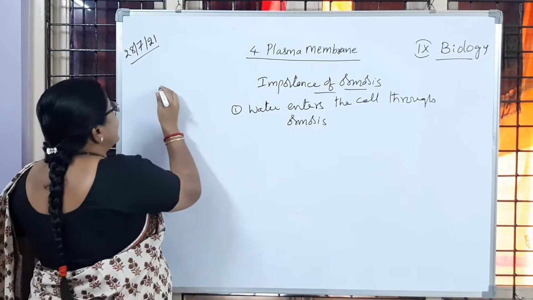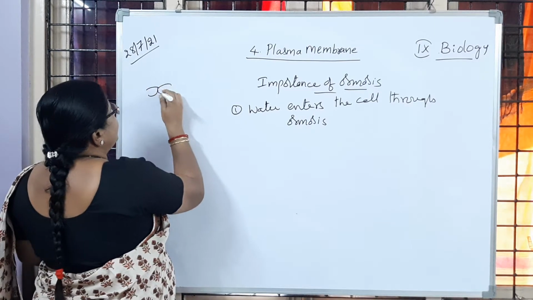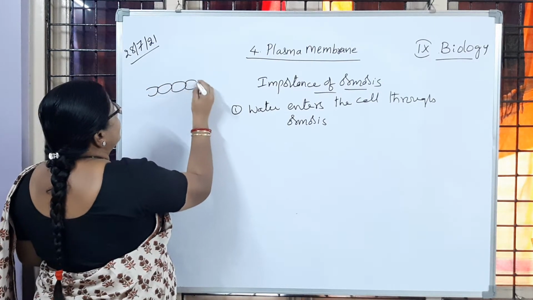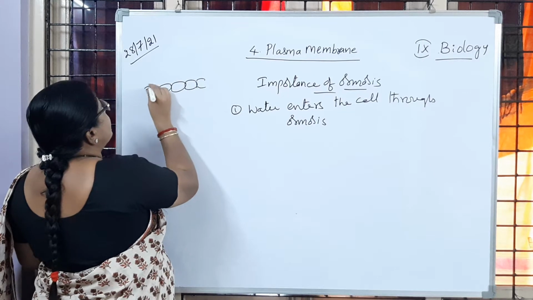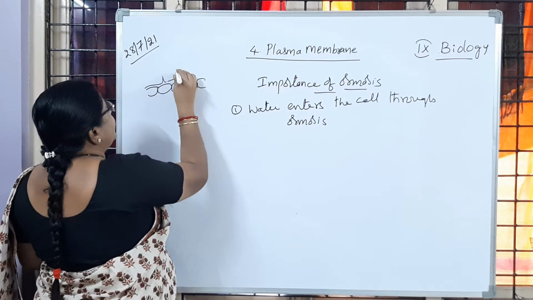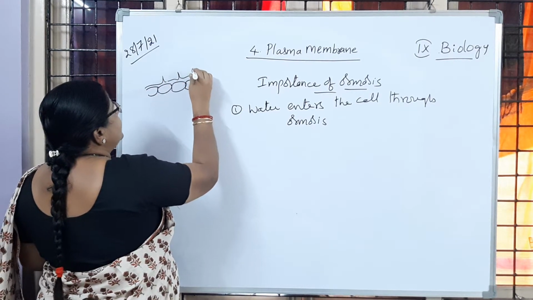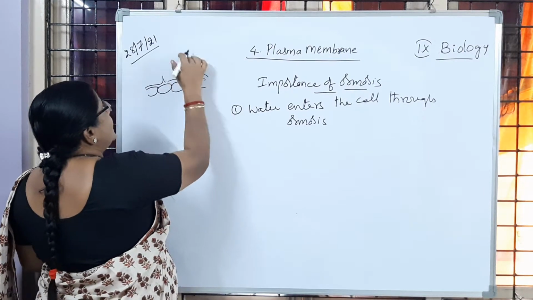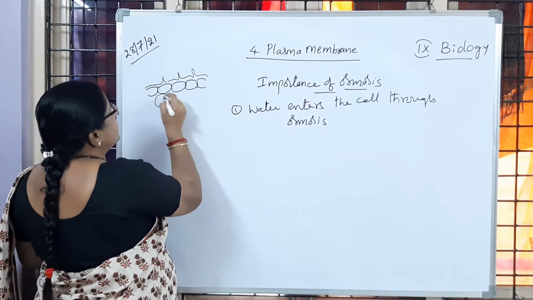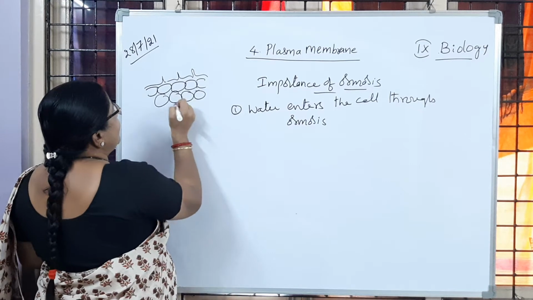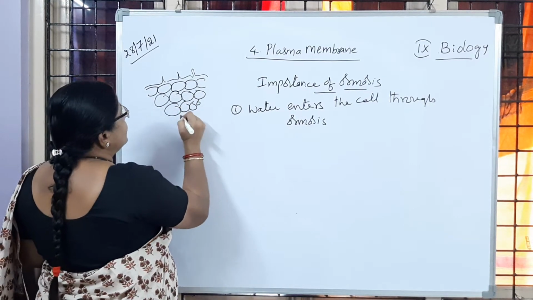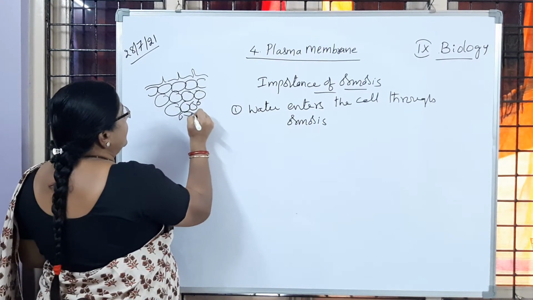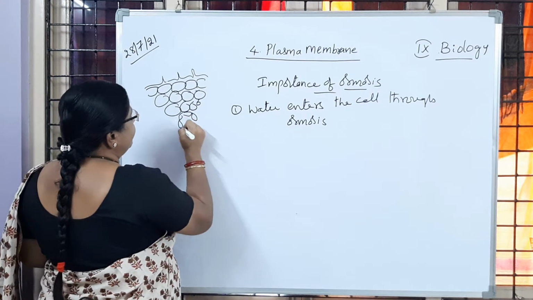If we see a cross section of the root, different types of cells are present. Here we can observe the thick covering cuticle, and we can see the root hairs. When water is applied to the soil, all these cells are going to be receiving water. How is it happening?